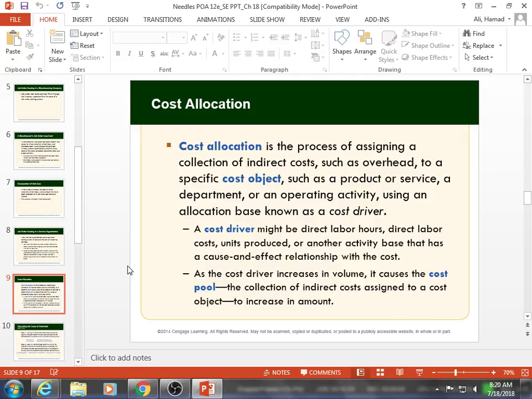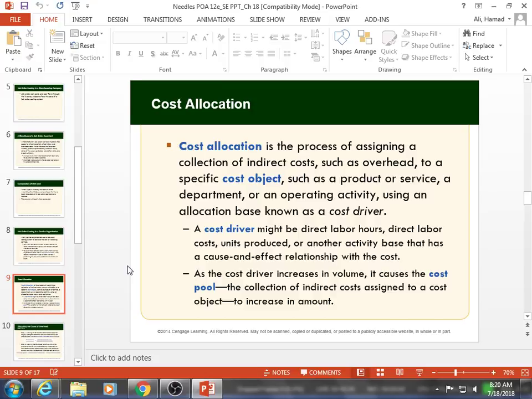So when you allocate cost, you are allocating the overhead to the product, to the employee, to the department. You will use a cost driver. What is a cost driver? A cost driver is what causes cost. What drives cost?